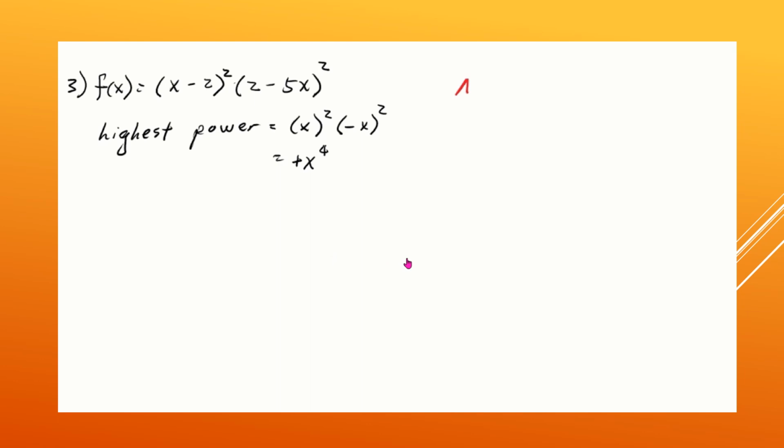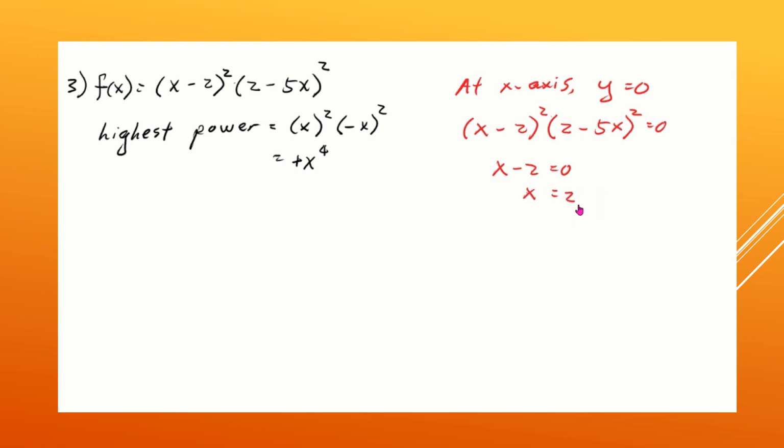Next we need to find the values of x at the x-axis. At the x-axis y equals 0. So x minus 2 to the power 2 multiplied by 2 minus 5x to the power 2 is equal to 0. From the first factor, x minus 2 equals 0, so we get x is 2.